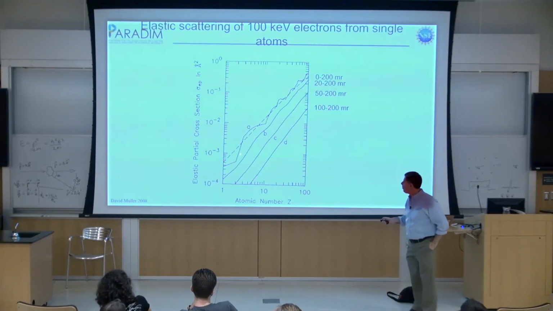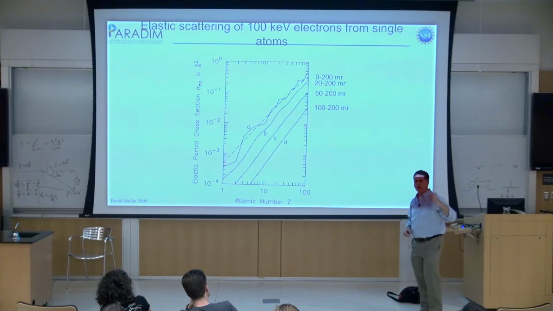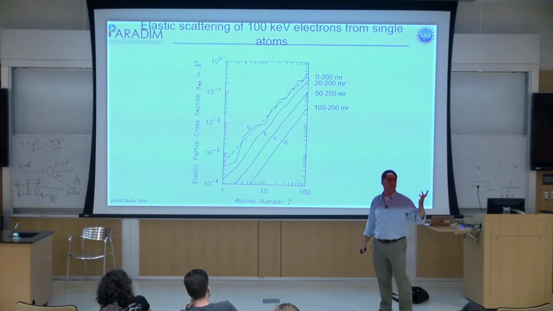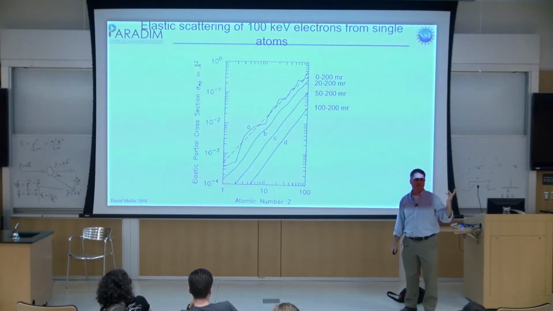So the problem with small angle scattering is some elements actually have very similar scattering contrasts. Carbon, nitrogen, oxygen all look very similar to each other in the forward scattering. This is really bad news for biologists because all they care about are carbon, nitrogen, and oxygen.